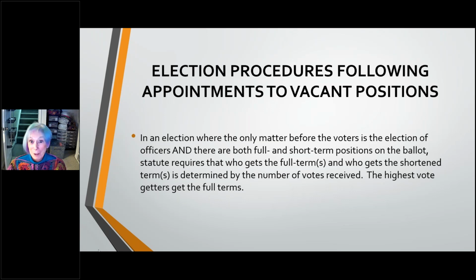Or there might be someone who says, I'm okay with just doing the shortened term. If your attorney thinks it would be okay from a legal and an administrative perspective, then you could, in my opinion, go ahead and draw the positions by lot. If the attorney says, nope, you can't, then don't cancel your election. And please don't do it without making sure that every candidate agrees. Because if one doesn't agree, I don't think you should do it either.